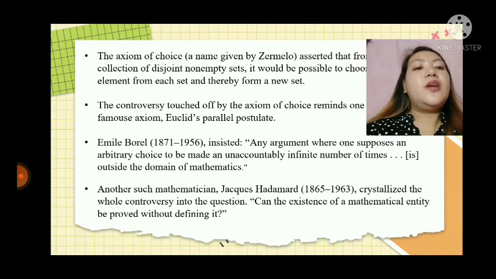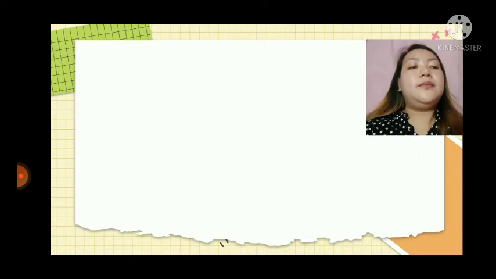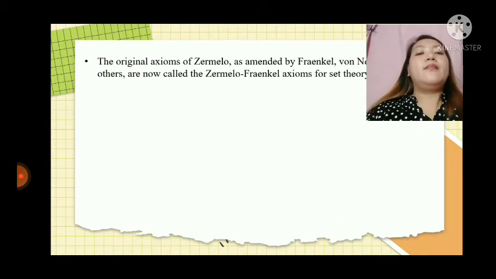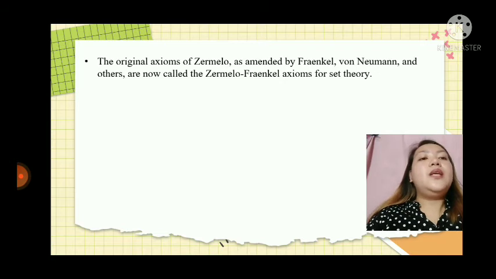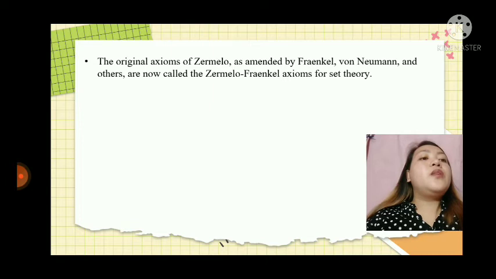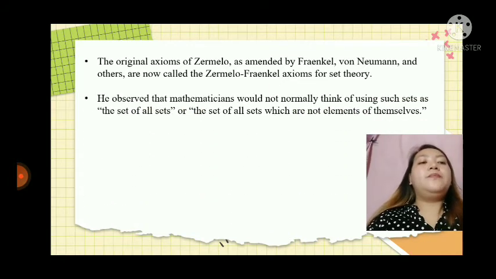Another such mathematician, Jacques Hadamard, crystallized the whole controversy into the question: can the existence of a mathematical entity be proved without defining it? The original axioms of Zermelo as amended by Fraenkel, von Neumann, and others are now called the Zermelo-Fraenkel axioms for set theory.